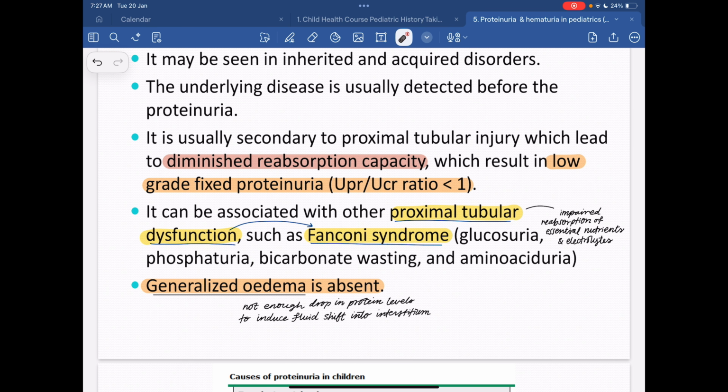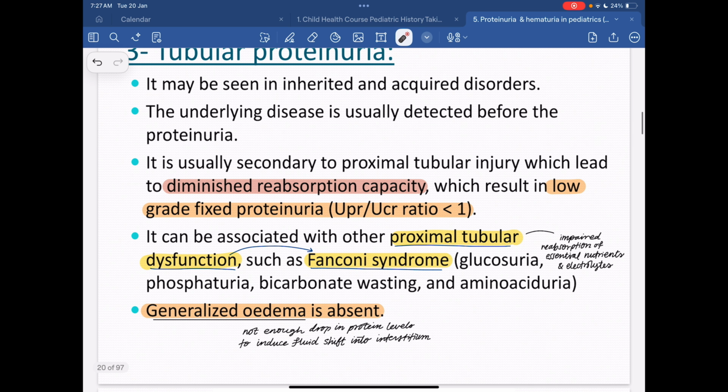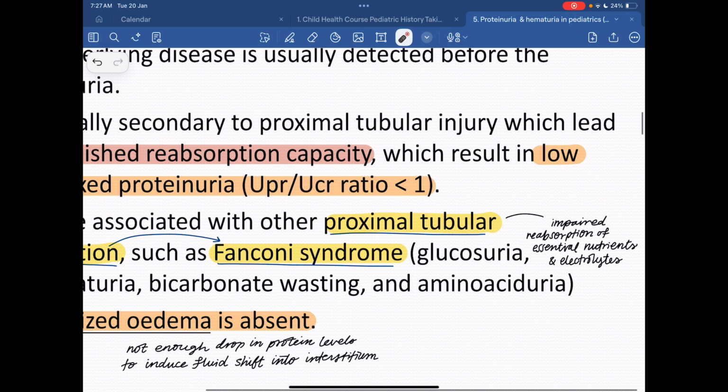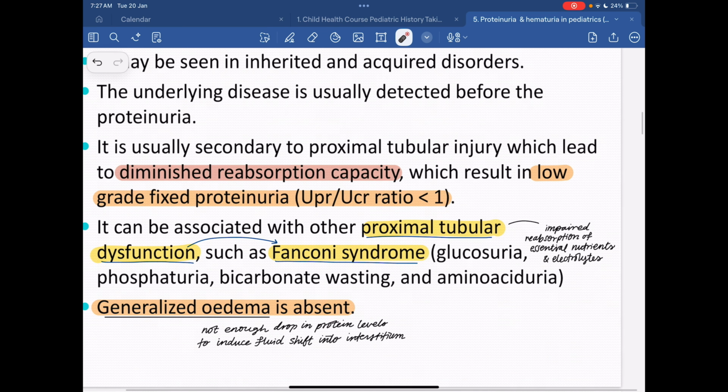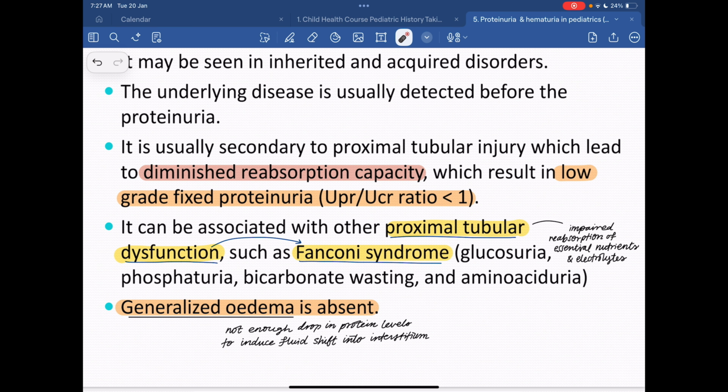So it can be associated with other proximal tubular dysfunction, زي مثلا Fanconi syndrome. Fanconi syndrome إيش هو؟ It's damage to the proximal tubular dysfunction. It could be inherited or acquired, and it's characterized by impaired reabsorption of essential nutrients and electrolytes.